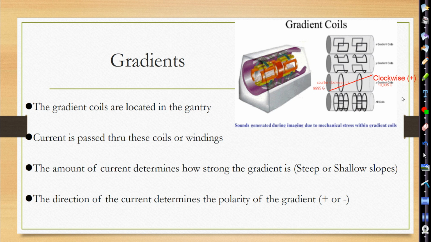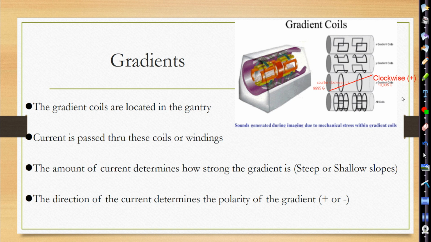And remember, our precessional frequency, or our Larmor frequency, is proportional to field strength, right? So remember, we multiply the field strength, B0, times what? What's our other constant within the Larmor equation? The gyromagnetic ratio. So that stays the exact same, right?